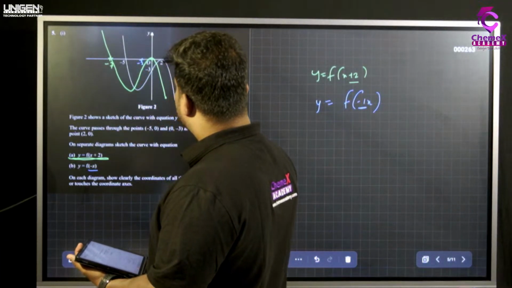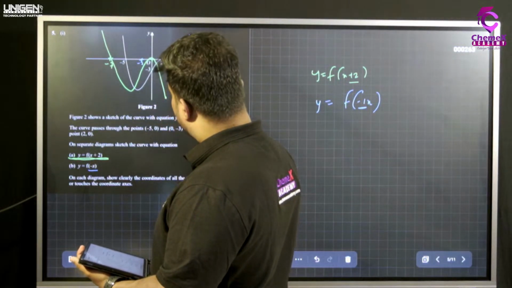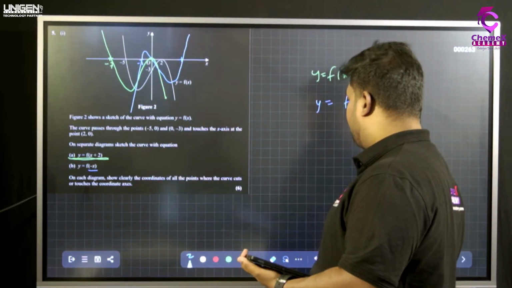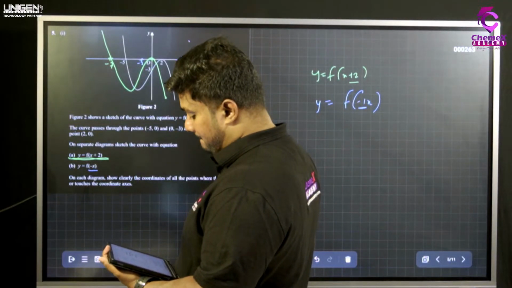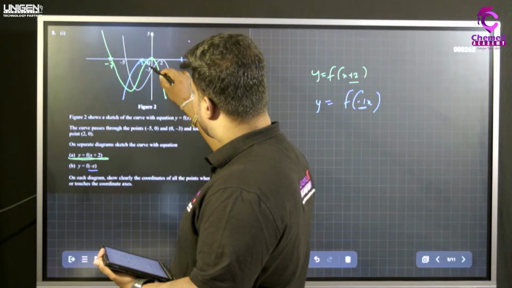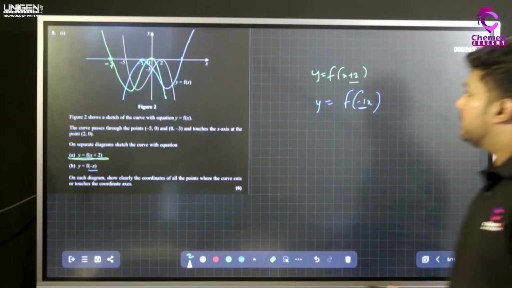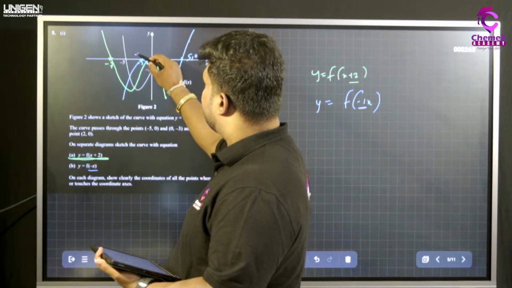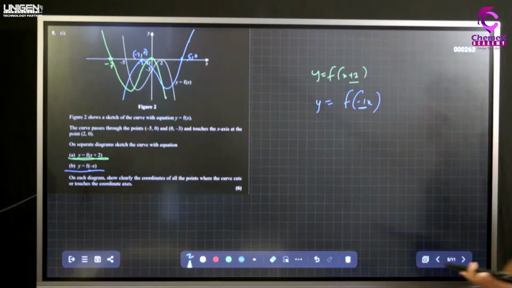Then your graph is going to invert, right? It should cut 5 comma 0 and minus 2 comma 0. Any questions? So the blue color is the B part answer.